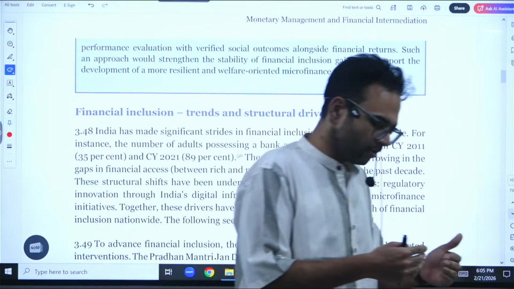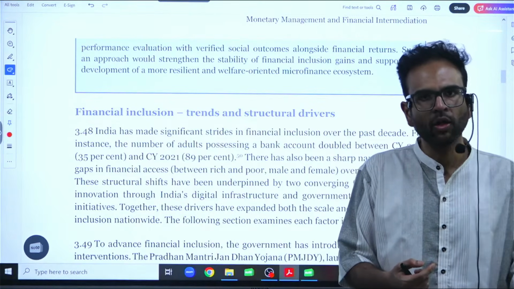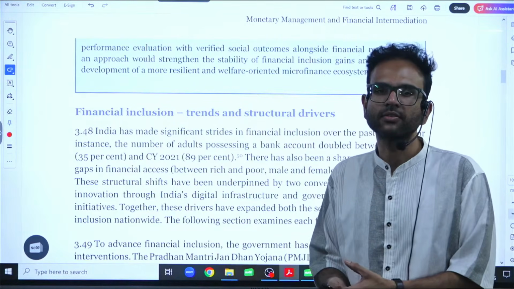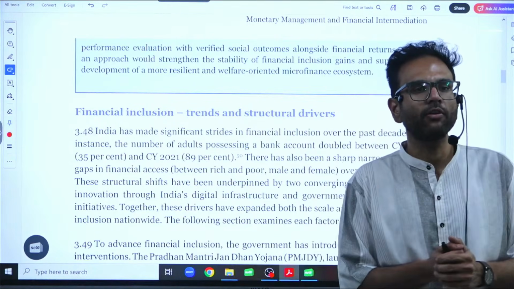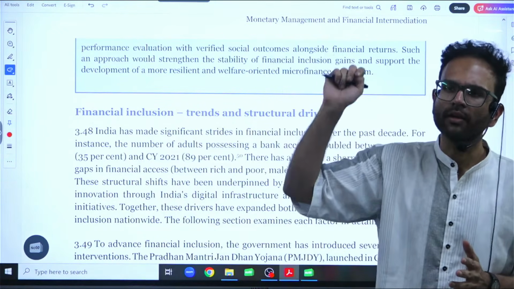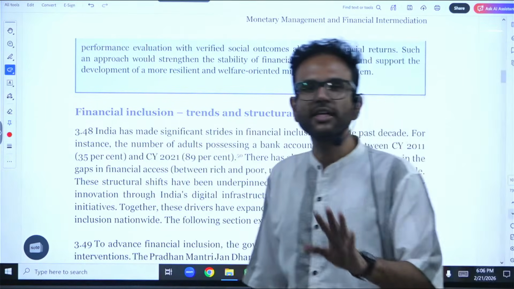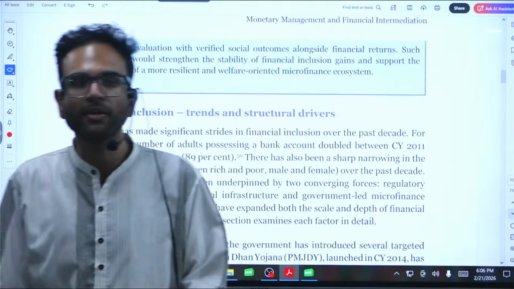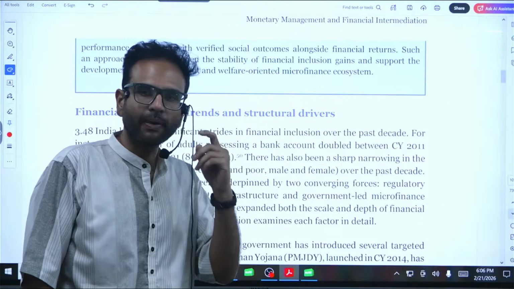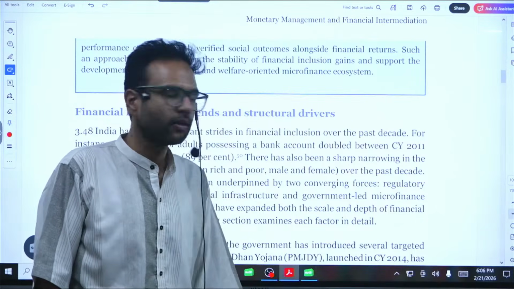Multiple mechanisms should be explored to bring these people, who have no credit access, back into the ambit of our economy. Otherwise, what will happen? They will go back to their moneylenders and take ridiculous interest rates, 36%, 48%. It is not sustainable for anyone to pay that kind of interest, especially the poor people, right?